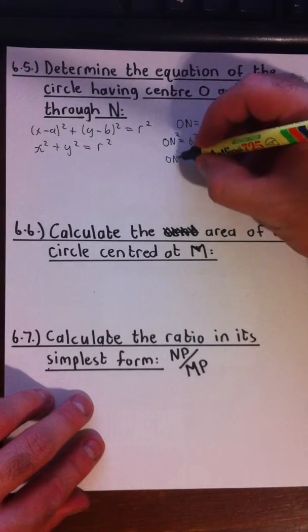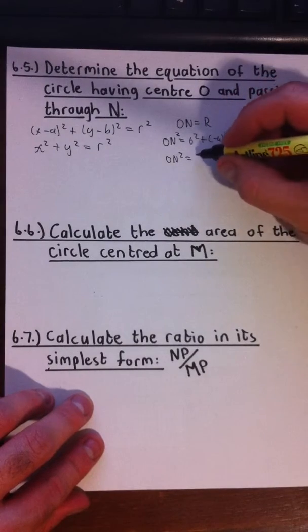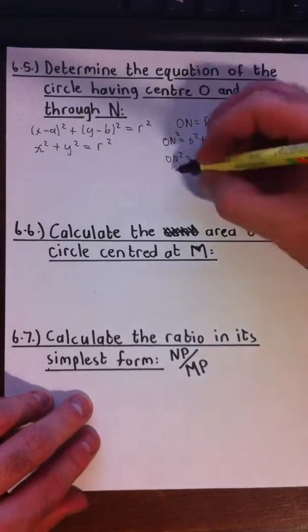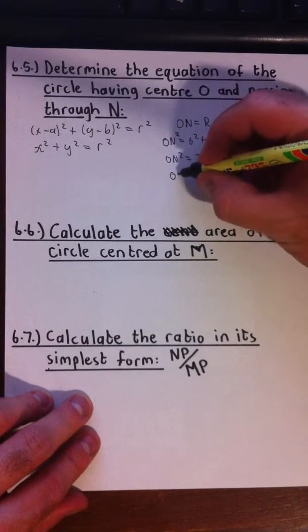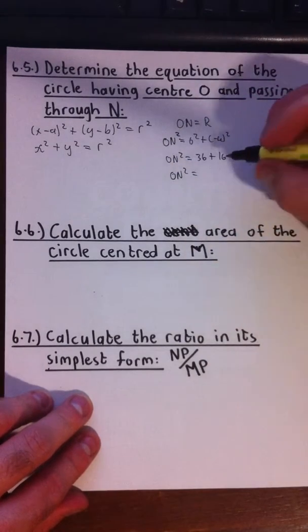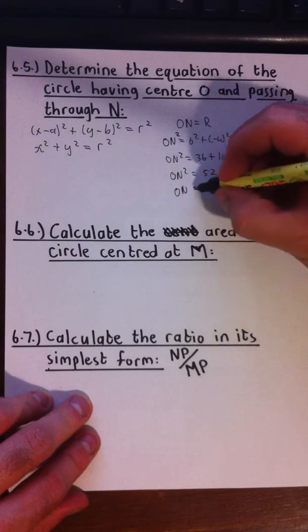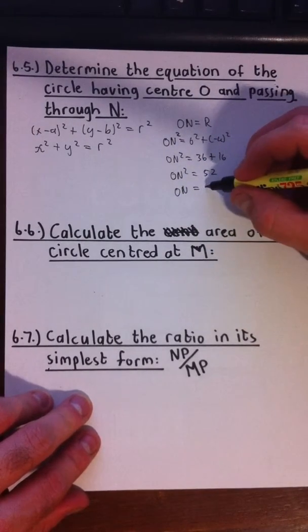And ON squared, therefore, is equal to 36 plus 16, and 36 plus 16 is 52. So ON is equal to the square root of 52.